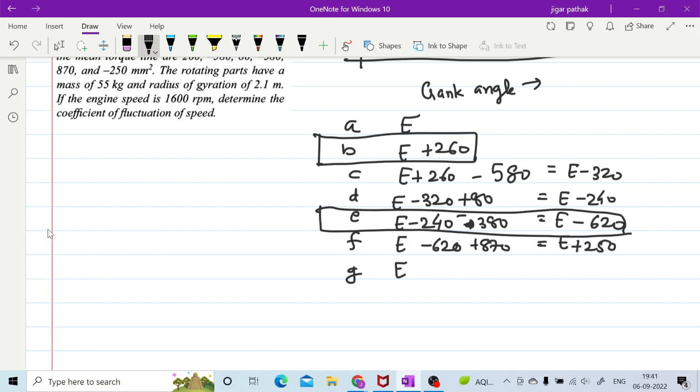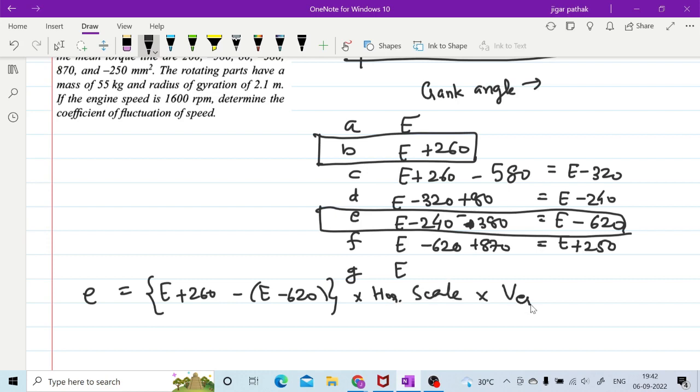So now if you go for your maximum fluctuation of energy, then it is E plus 260 minus E minus 620, right? Here whatever this energy is, you have to multiply this with your scale, horizontal scale and vertical scale. So when you simplify, it will come around 880.